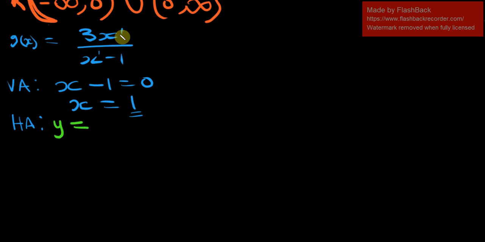This is what I'm saying. We divide 3 by 1, because there's 1 here as the coefficient of x. So this will be 3 over 1. That gives us 3. So there's a horizontal asymptote at y equals 3.